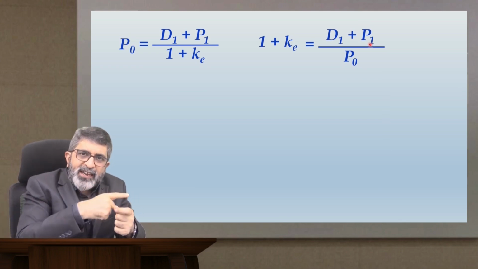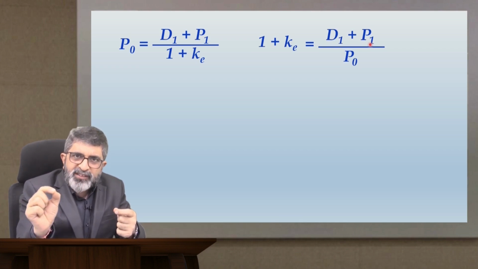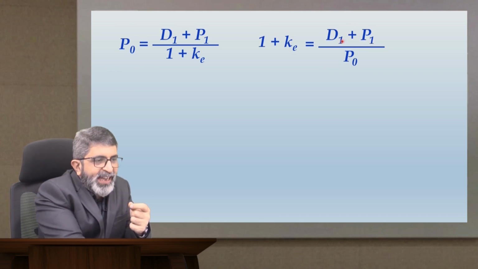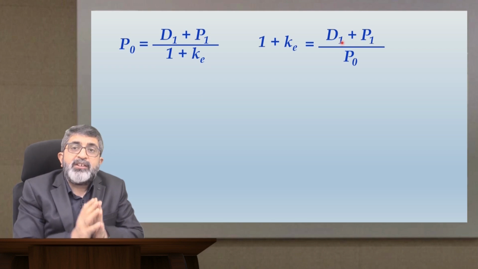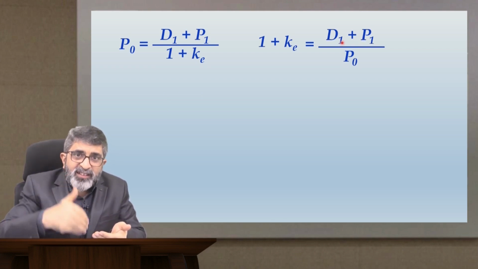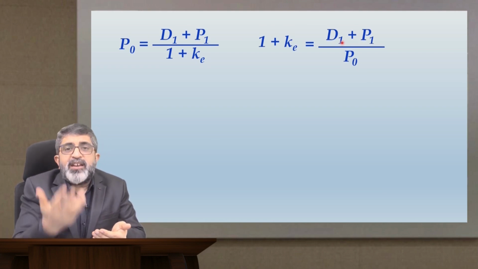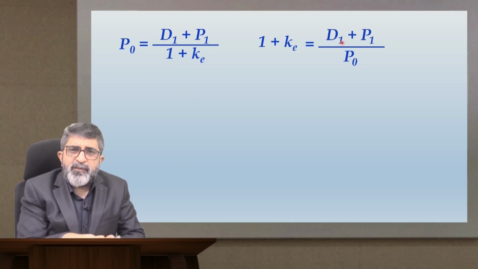If I take back that previous example, P0 was what? 276, correct? P0 was 276 and the aggregate of D1 and P1 was 345. It shows that if you invest 276 now, after a year's time it will grow to 345.